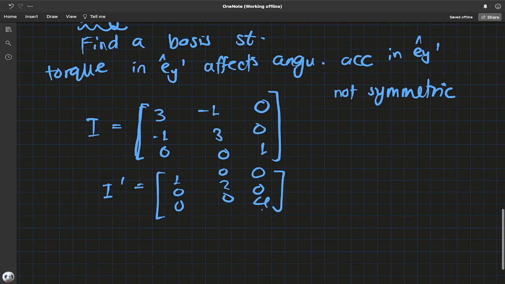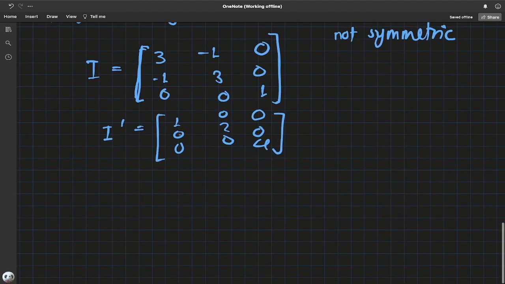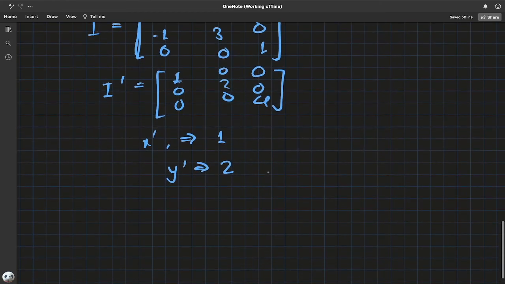4, which means you apply a torque in the x prime direction, it causes an angular acceleration which has basically the same amount as the applied torque, because there's a factor of 1 here. You apply torque in the y prime direction, it causes twice as much angular acceleration as the magnitude of the torque, because there's a 2 here.